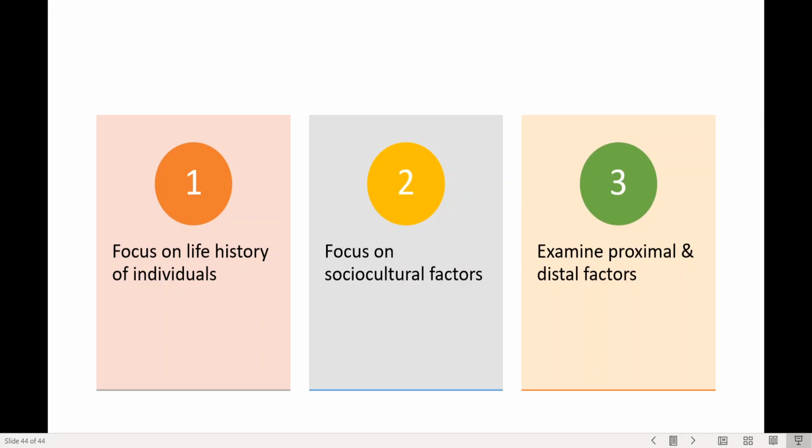Second, we have to focus on the socio-cultural factors. What are the environmental conditions that individuals experienced during their childhood? What are the environmental demands and conditions that individuals experience at that particular point in time? And third of all, we have to think about proximal and distal factors. The important aspect here is that the medical perspective is very good at looking at the mechanism.